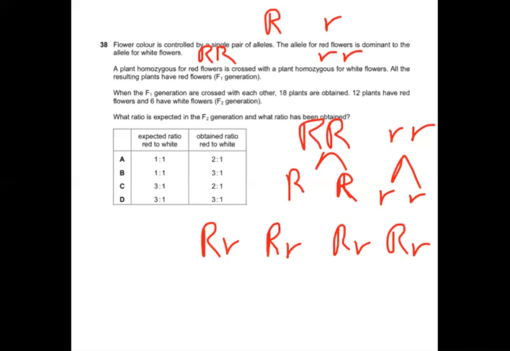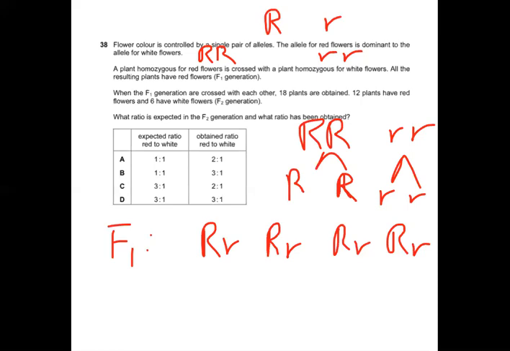So they are all heterozygous and all will have the red color. Now in the next statement they're saying, when the F1 generation are crossed with each other, 18 plants are obtained, 12 plants have red flowers and 6 have white flowers.